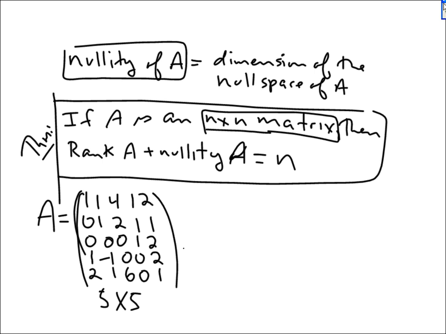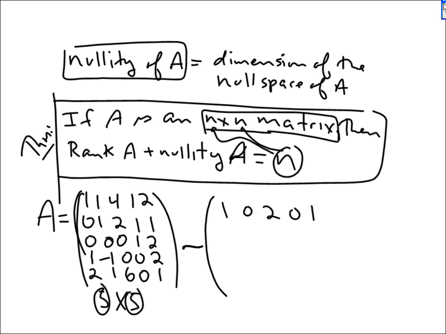Before I go on, this n is that number. That is, n is 5 in that theorem. If you reduce this matrix, you get the following matrix: 1, 0, 2, 0, 1, 0, 1, 2, 0, negative 1, triple 0, 1, 2, and then 2 rows of 0.